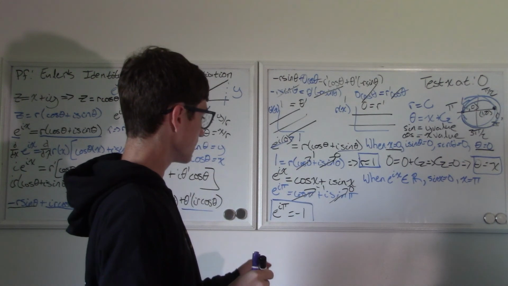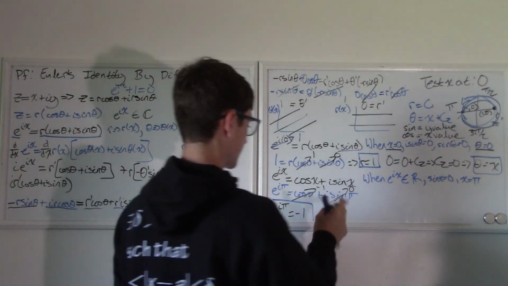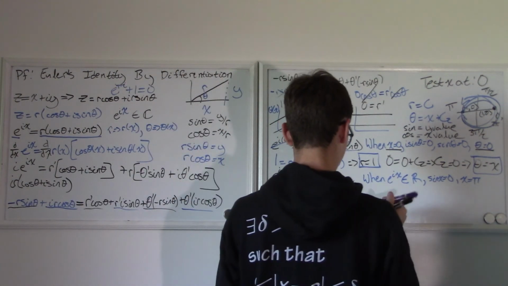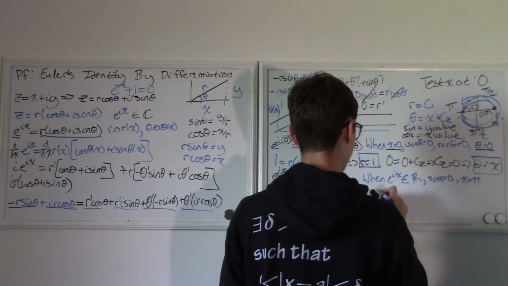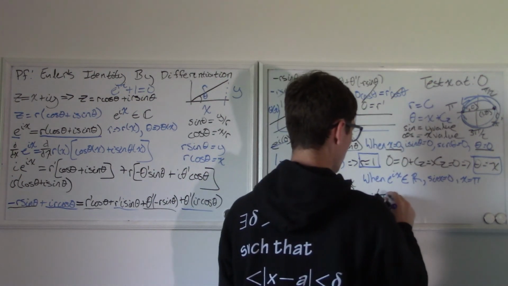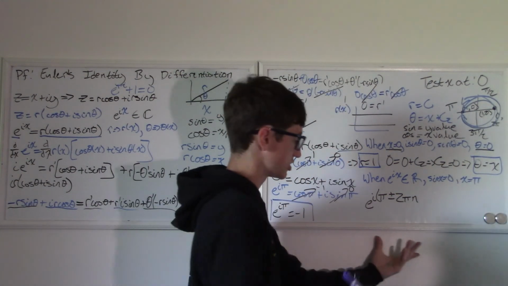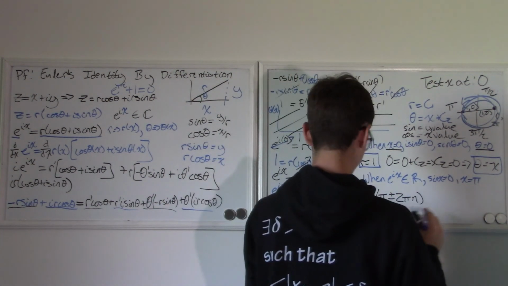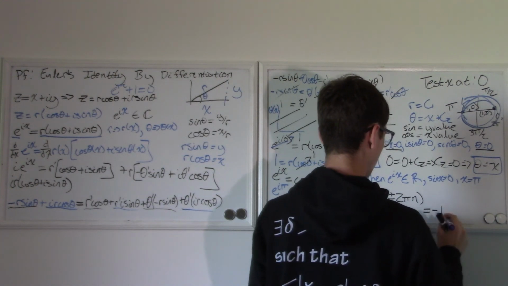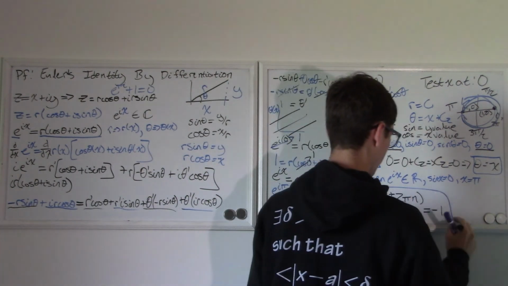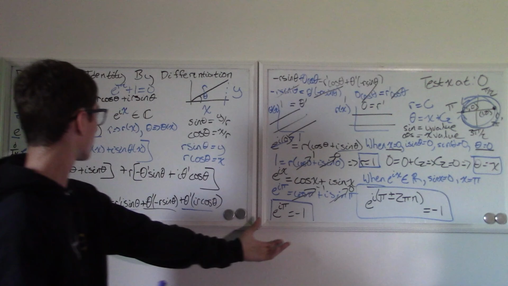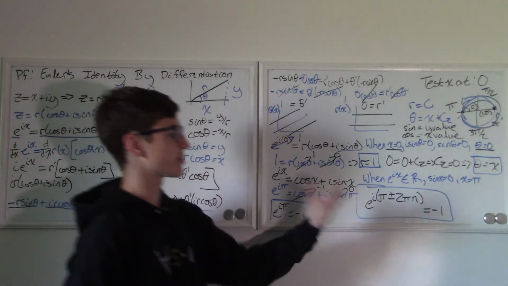So, for pi, what we can do is we can say e to the power of i times, we have to start at pi, plus or minus 2 pi n, where n is any integer, is equal to negative 1. Like that. So now we've not only proved Euler's identity, but we've come up with a more general form.